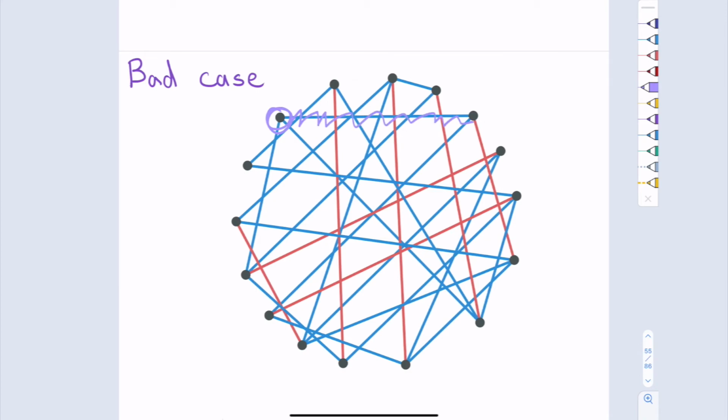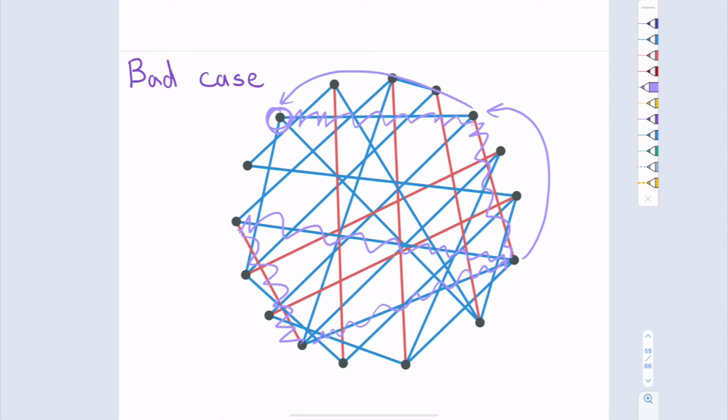My algorithm knows I should take a red edge next. Okay. Then I should take a blue edge. Then I should take a red edge. Then I should take a blue edge. Okay. And if I had to take a red edge, then I would go back to here probably. Well, you've kind of already taken it in the other direction. A blue edge kind of going back to here or something. But the point is, your search kind of got stuck.